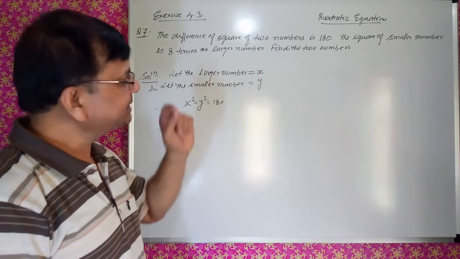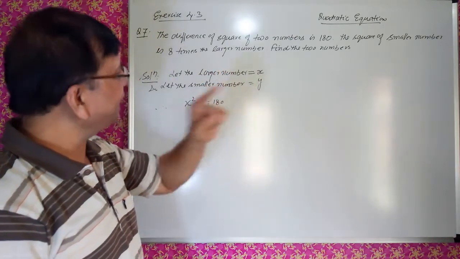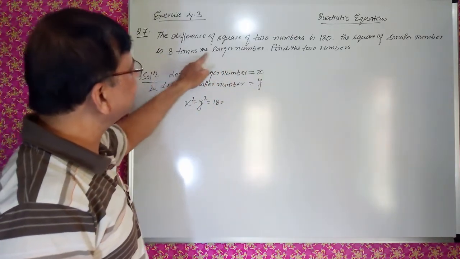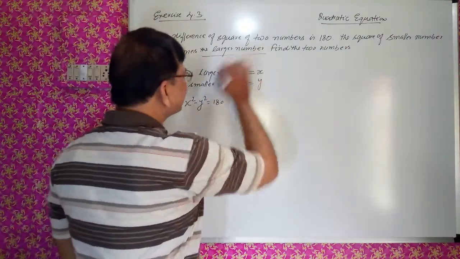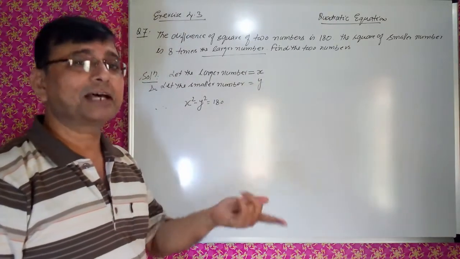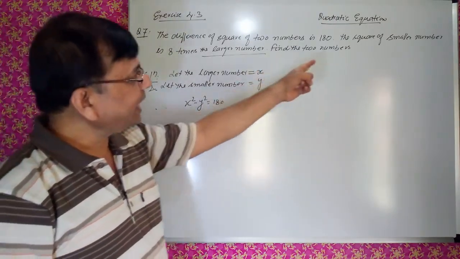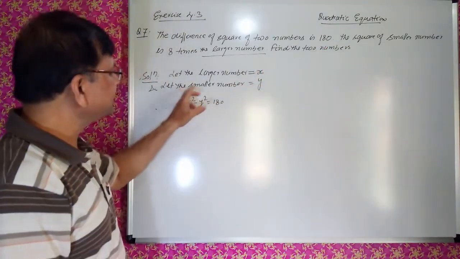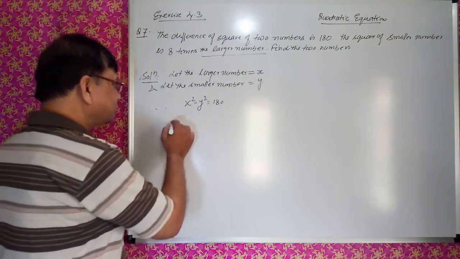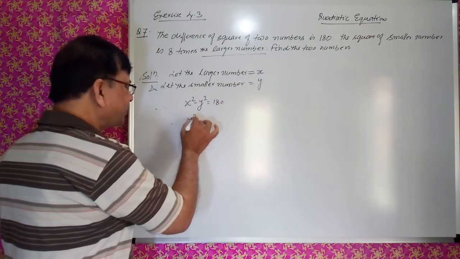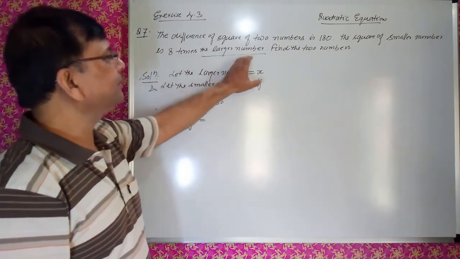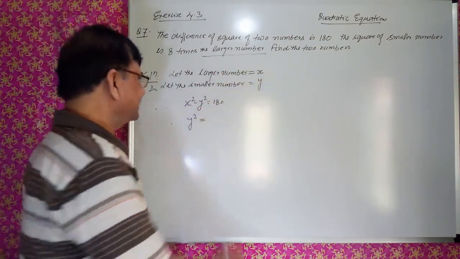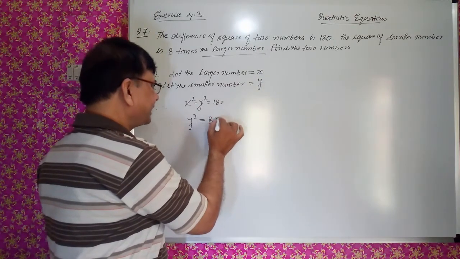Second condition, the square of the smaller number is 8 times the larger number. Here it is important, it is written the larger number, not the square of the larger number. So the square of the smaller number, which number is smaller? That is y. So we will write y square is equal to 8 times the larger number. The larger number is x, so this is equal to 8x.